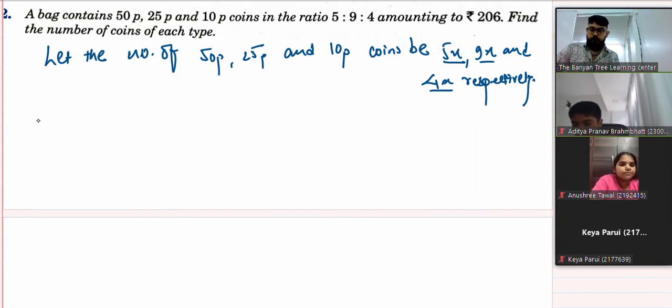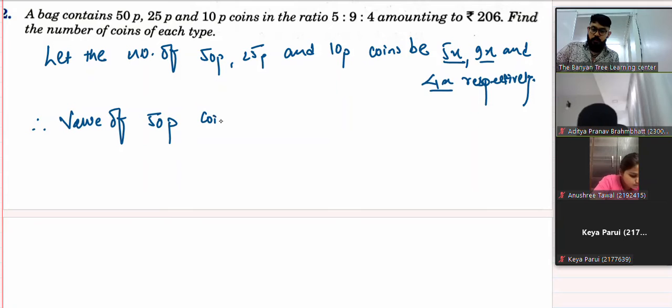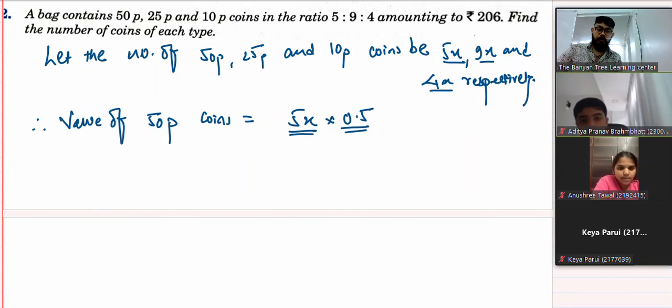Now, therefore, the value of 50 paisa coins is equal to 5x into 0.5. Why 0.5? This is the number of 50 paisa coins and this is the value of each 50 paisa coin, which is half a rupee. So it will become 2.5x.